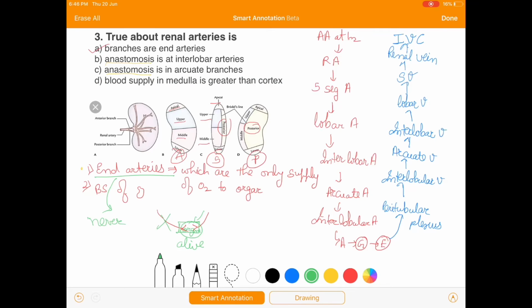Also, one characteristic of end artery is end artery never ever anastomoses. Why? Because it is the only one blood supply to the organ.